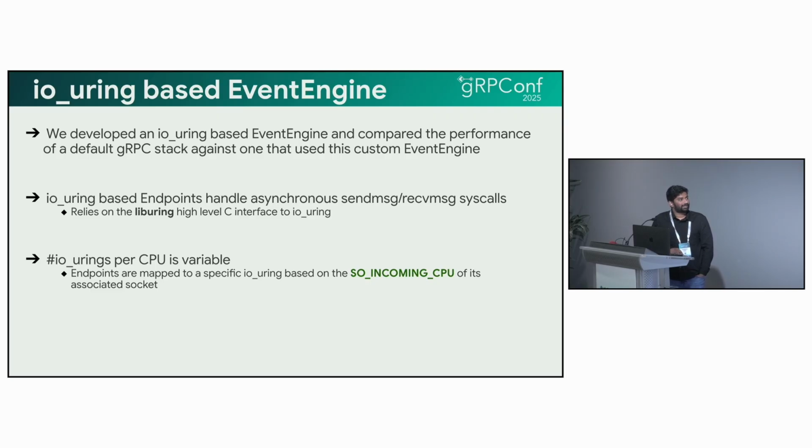Our implementation relied on liburing, which is the high-level C interface to IO Uring. In our implementation, we instantiate an IO Uring per CPU. So the total number of IO Urings is tied to the number of CPUs in the system. Endpoints get mapped to a specific IO Uring based on the incoming CPU associated with its socket.